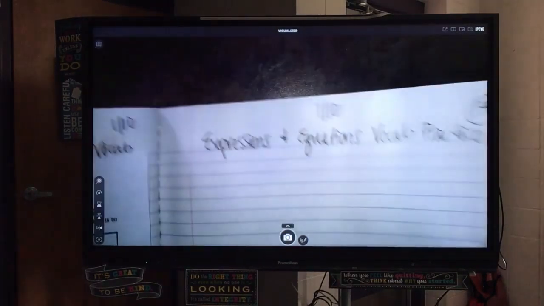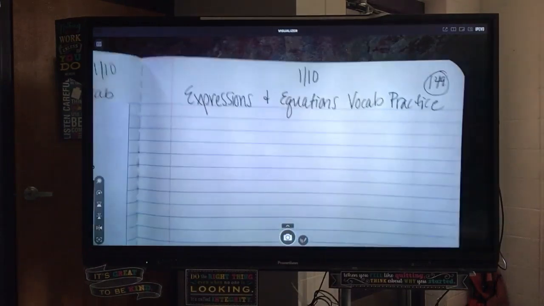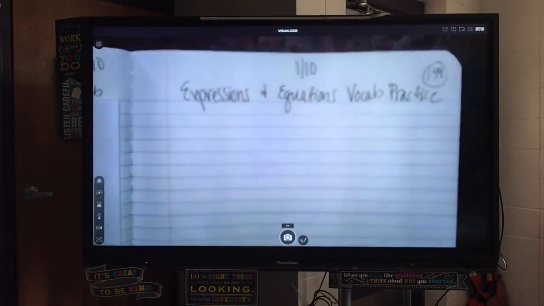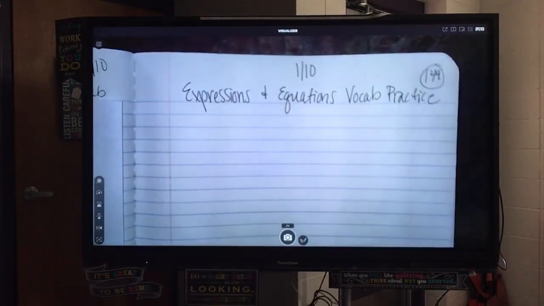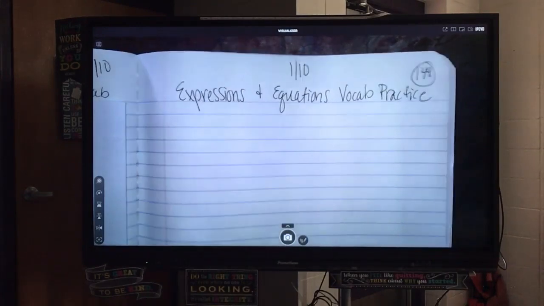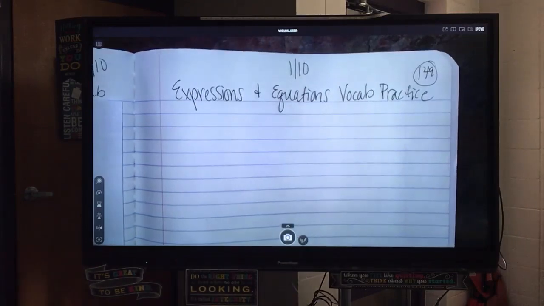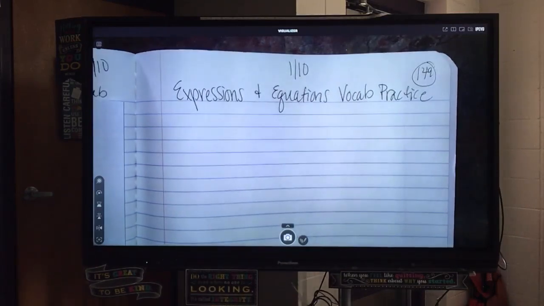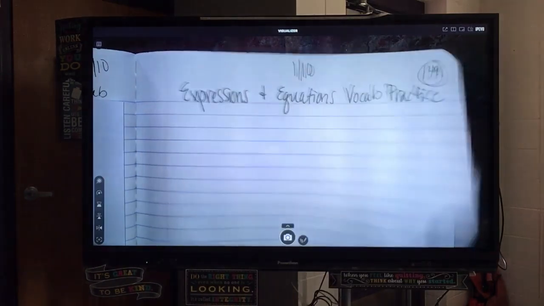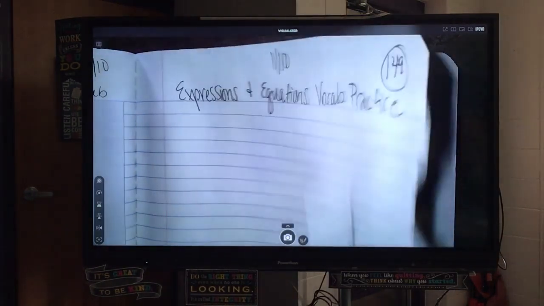Alright. Does everybody have this? Might be down on the next line. Right side. If you do not, this is technically where this homework is gonna go from yesterday. That's why the days are 1/10. Okay? Alright, turn the page.